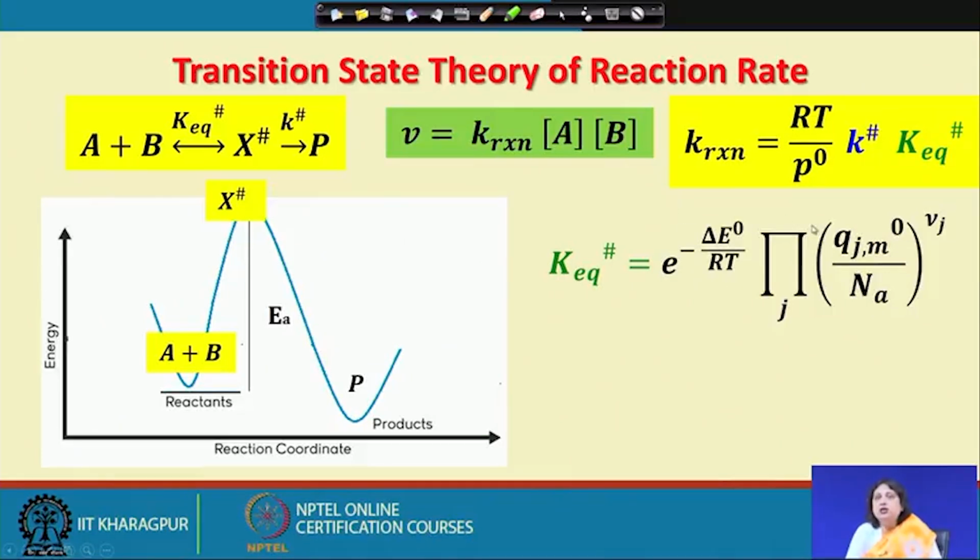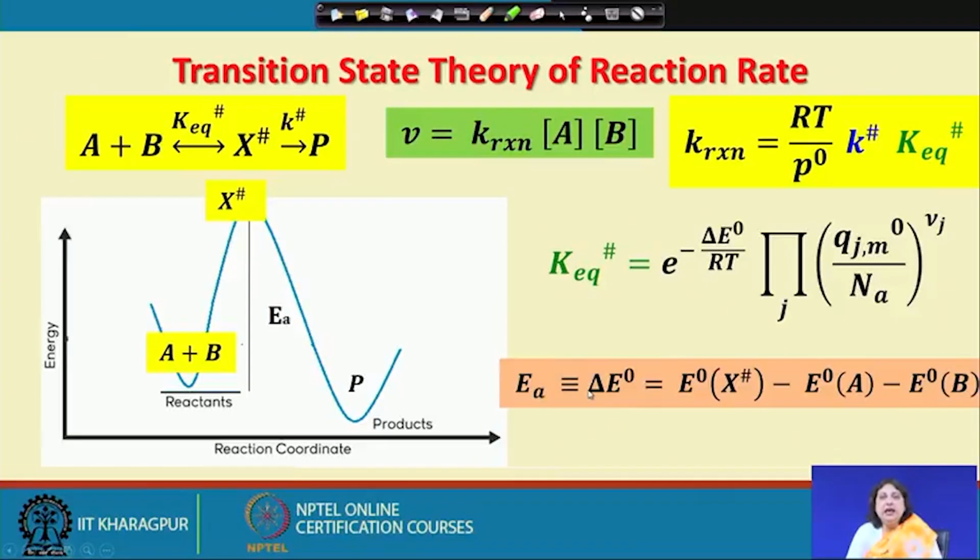So, what are these E naught and Q j m naught? What I find here is E A, that is the activation energy, as shown here. This is nothing but the E naught that I have shown here, and that is the 0 Kelvin potential energy of the activated complex minus the same energy for the reactant A minus the same energy for the reactant B.